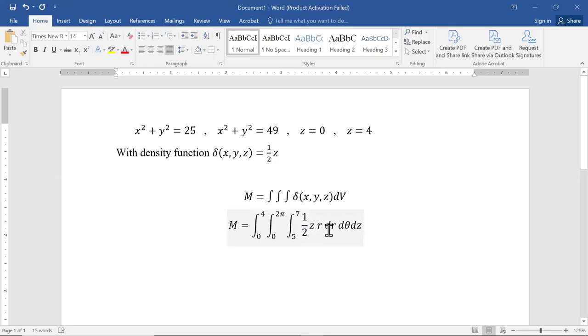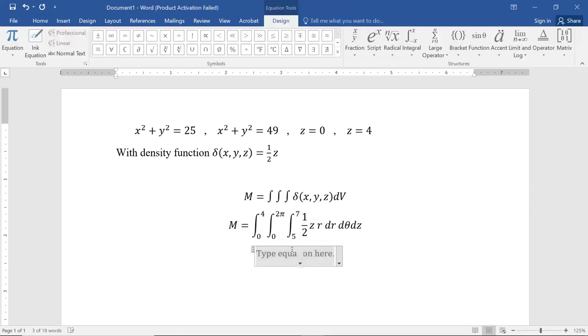Now, with respect to r, z is a constant, so I can kind of pull that through if I want to. And what's going to happen is that the mass is integrate from 0 to 4, integrate from 0 to 2 pi, excuse me.